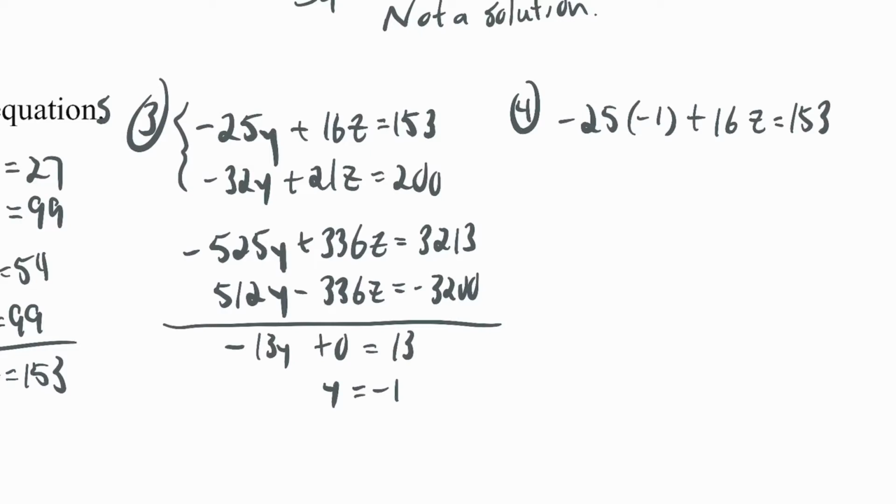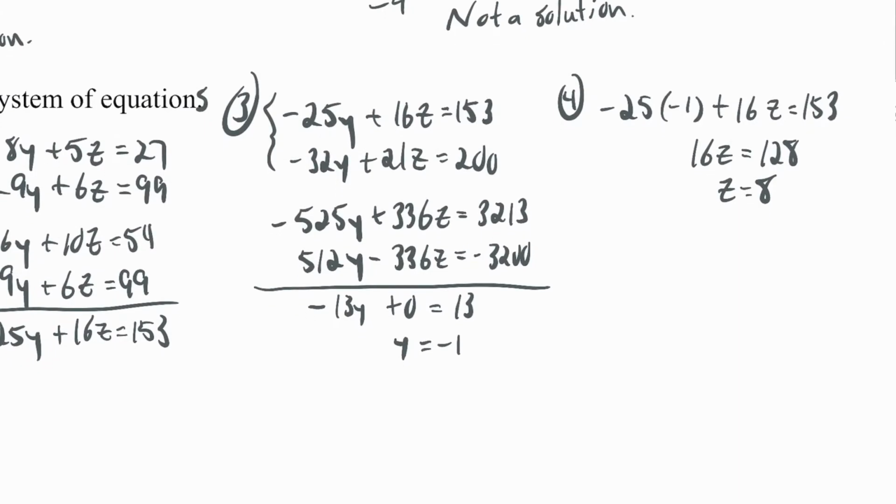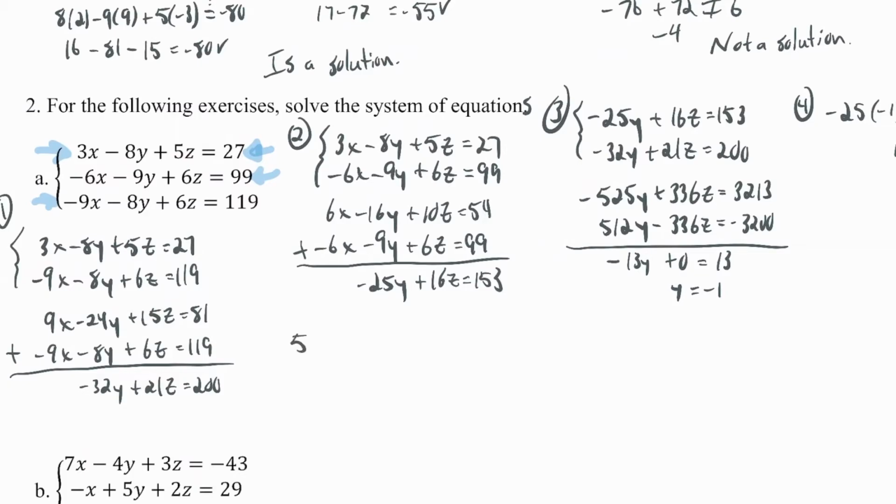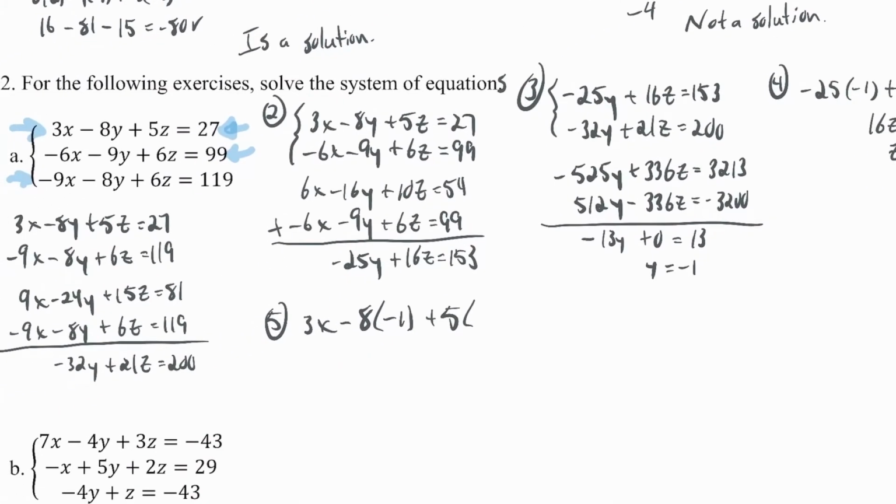So I'll subtract 25 on both sides. So 16z equals, well, 153 minus 25 is 128. If we divide by 16, we get 8. So y is -1, z is 8. And so now step 5, I need to go back to one of the original equations. It doesn't really matter which one, just gotta pick one. I'll take the top one. So 3x minus 8 times -1 plus 5 times 8 equals 27.